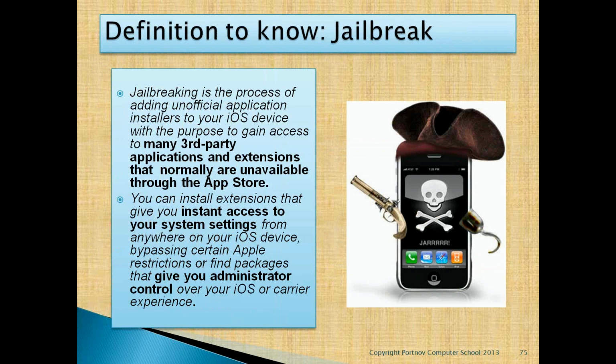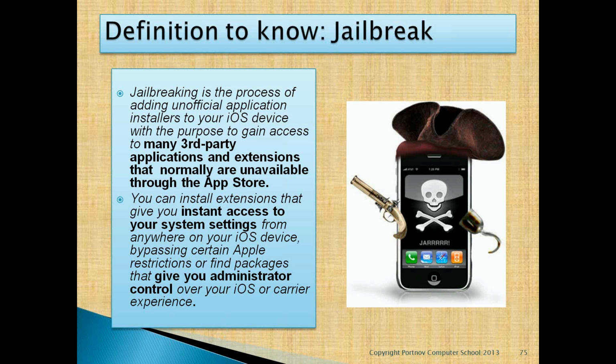Now when we talk about jailbreaking, it primarily refers to iPhones. What is this? It's the process of adding an unofficial application installer to your iOS device, with the purpose of gaining access to many third-party applications and extensions that are normally unavailable through the App Store, because they do not pass its requirements.